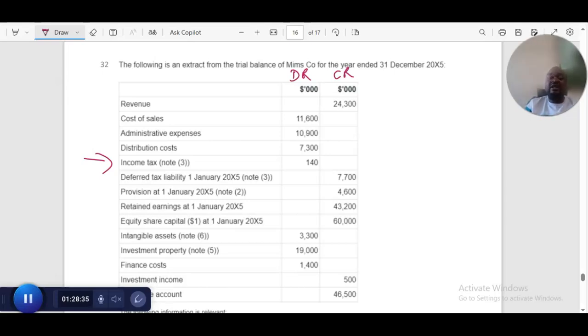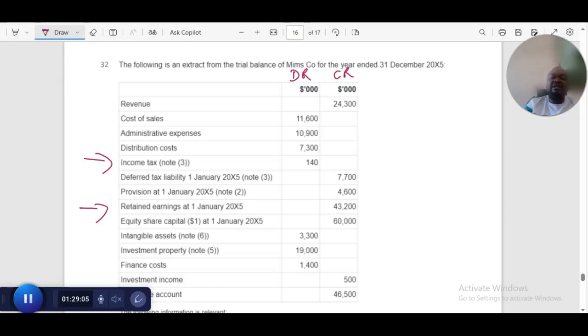Sometimes the examiner might give you, for example, retained earnings in the debit. Then you would see that if this particular company has a debit balance in the retained earnings, it means that they are a loss maker. They've been in losses forever and ever. They have got retained losses.